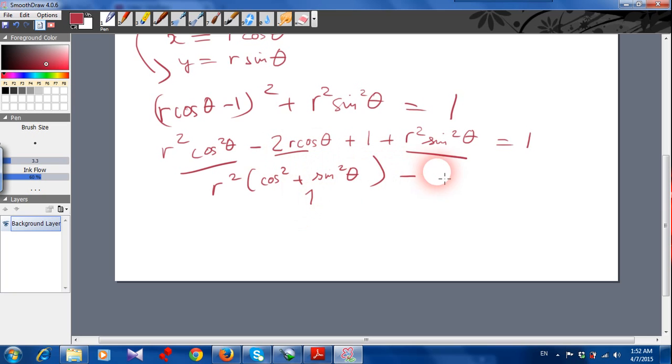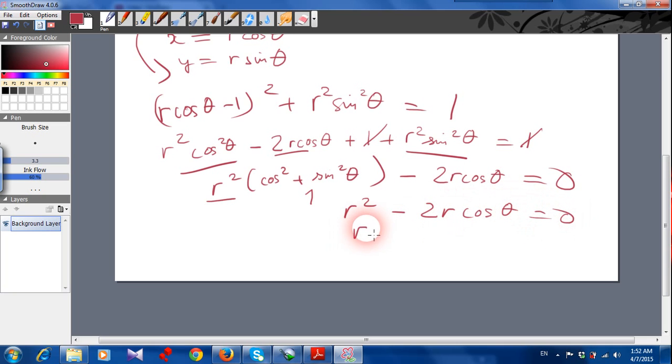And here, minus 2r cos θ, and 1 − 1 is 0. So you see r² − 2r cos θ is 0, so r(r − 2 cos θ) = 0. And we have two things: r is 0 and r is 2 cos θ.